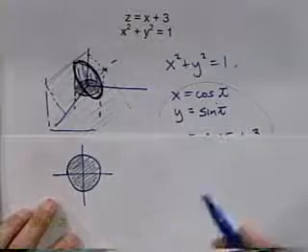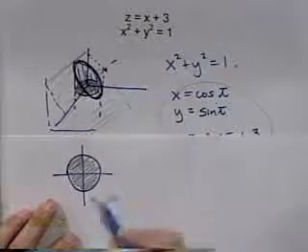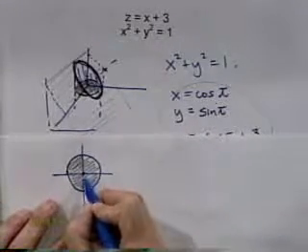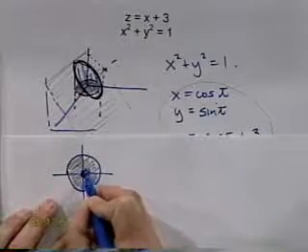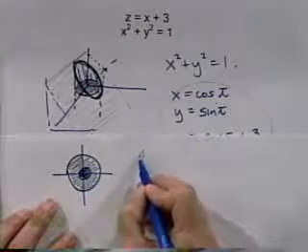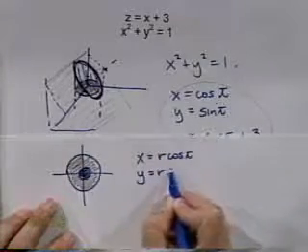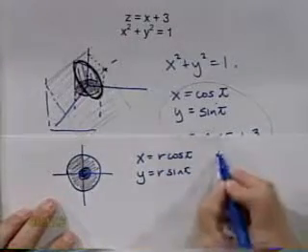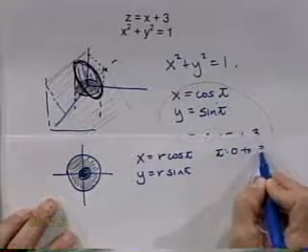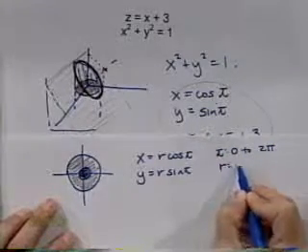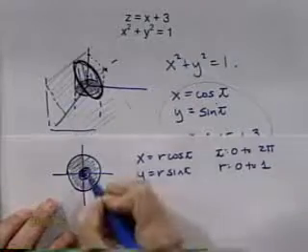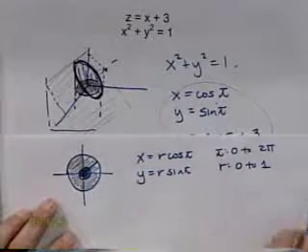You with me? So if you think about it, you can have all these little concentric circles. X squared plus y squared equals r squared. You with me? So let's let x equal r cosine t, y equal r sine t, where I'm going to let t range from 0 to 2 pi, and r is going to range from 0 to 1, because we can go from 0 to a distance of 1 away from the origin.